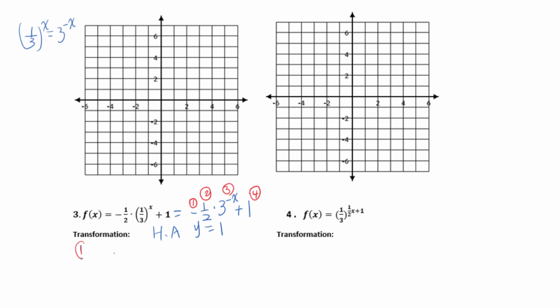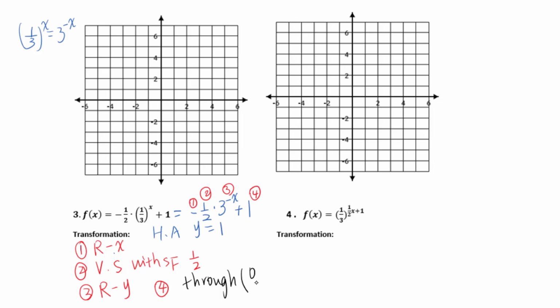The first step, reflect across the x-axis. Second step, vertical stretch with a scale factor of 1/2. The third step, reflect across the y-axis. The fourth step, a translation through (0, 1). That means go up 1 unit.